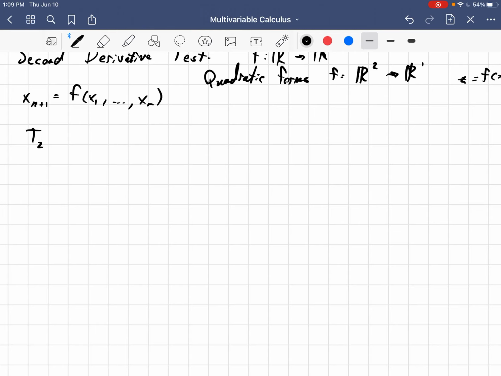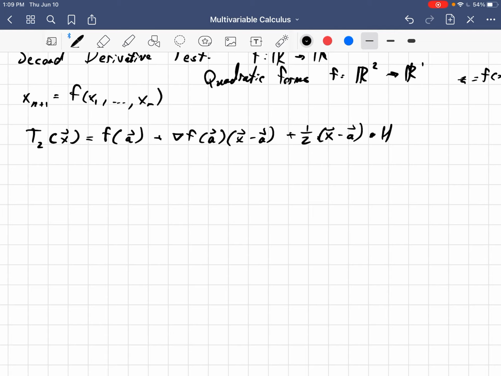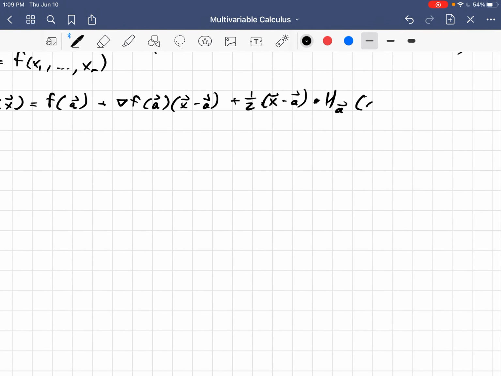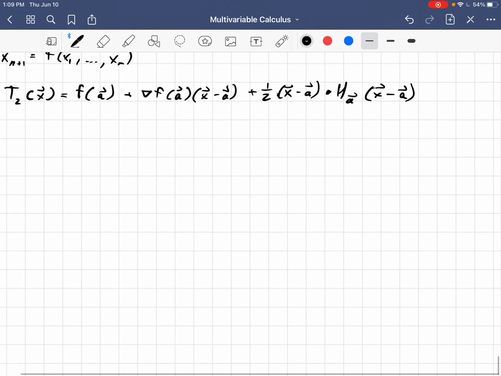Up to the second term, T sub 2 of the vector x is equal to f of the vector a plus the gradient of f evaluated at a times the vector x minus the vector a, plus 1/2 times the vector x minus the vector a, dotted with the Hessian matrix evaluated at the vector a, matrix-vector multiplied with the vector x minus a.